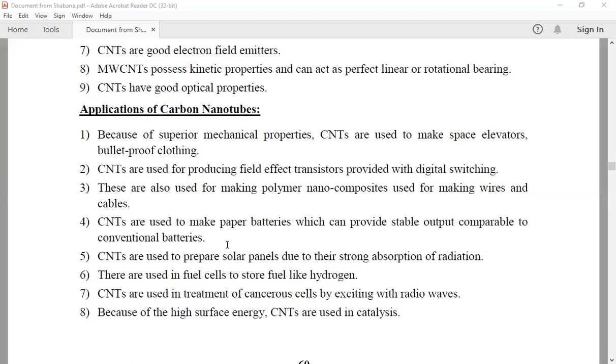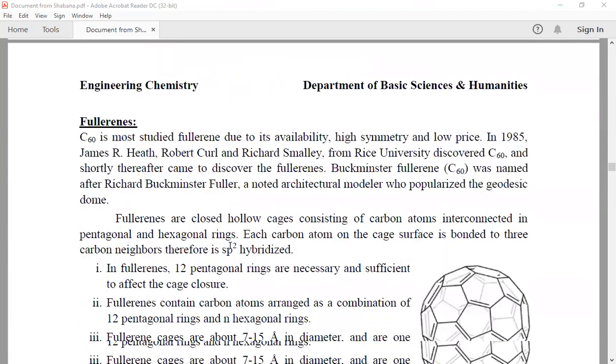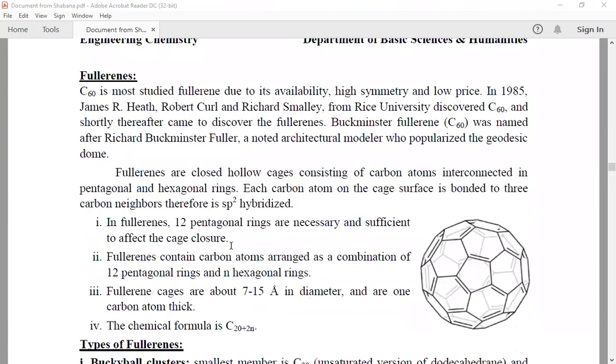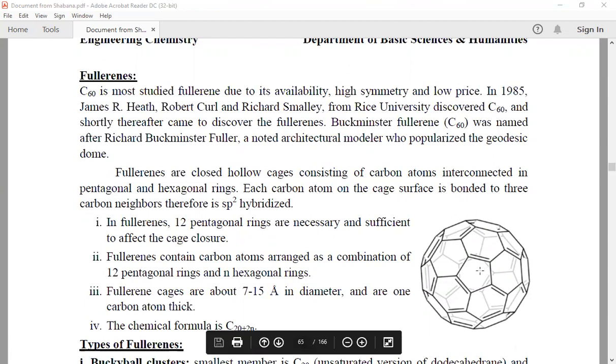Coming to the next topic, which is known as fullerenes. What is a fullerene? A fullerene is any molecule composed entirely of carbon in the form of a hollow sphere, ellipsoid, or tube.